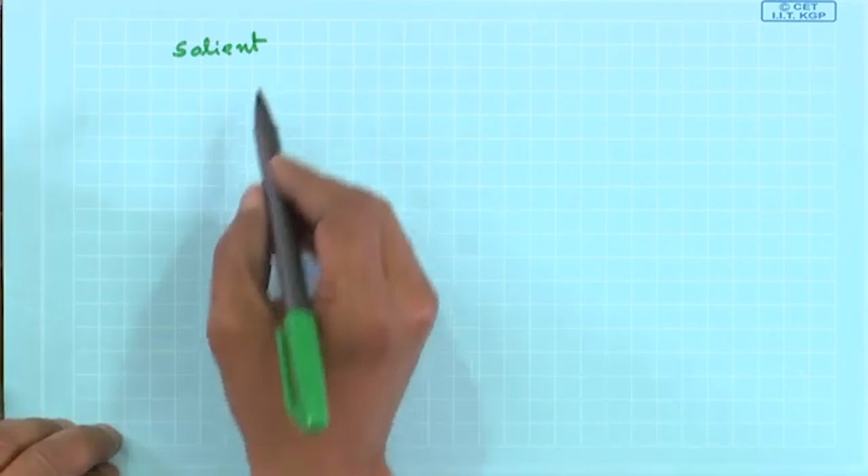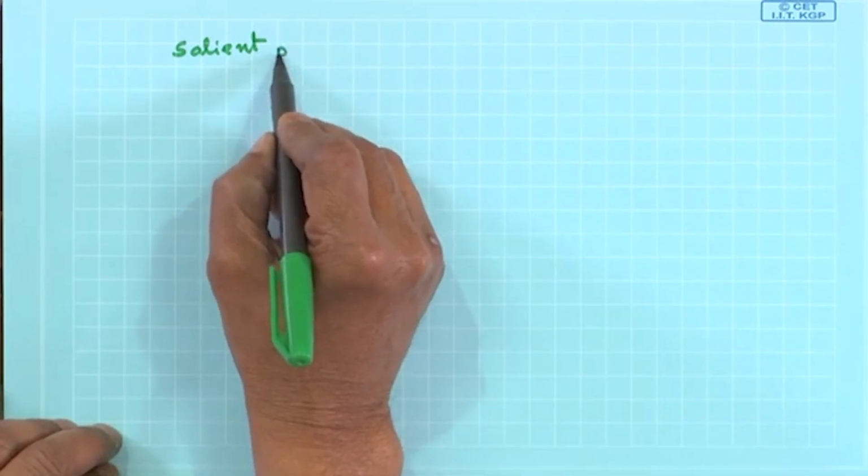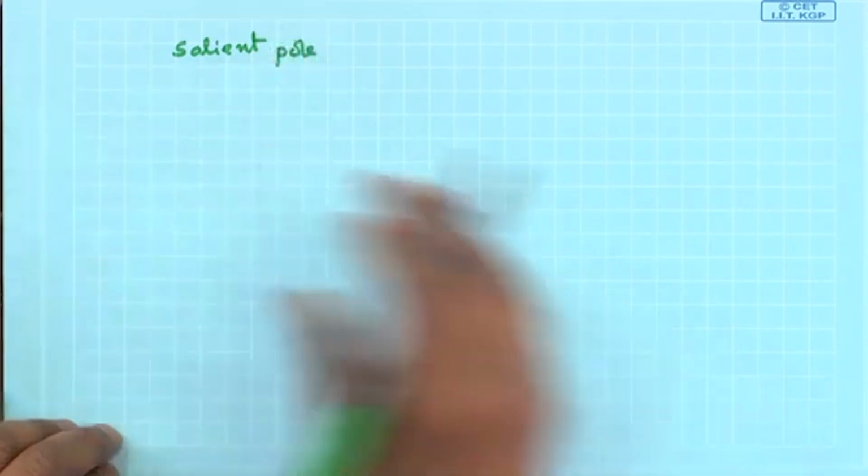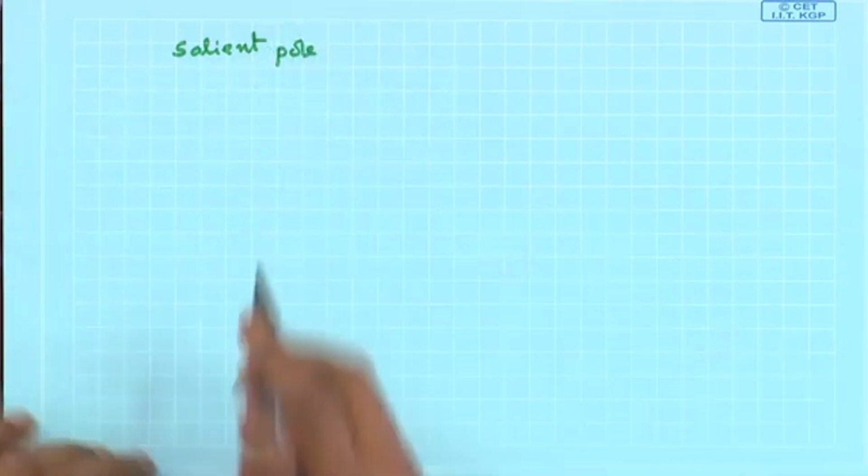Therefore, it is necessary to break up those currents into Id and Iq form.